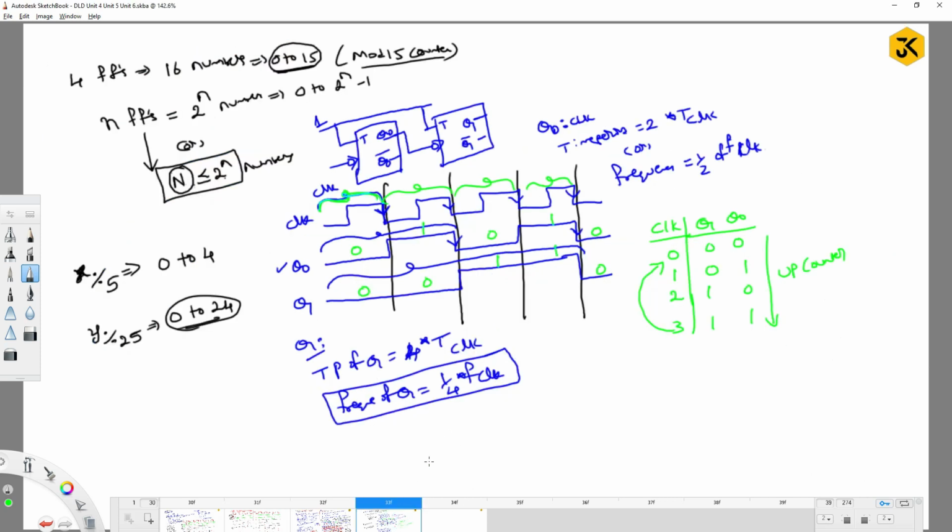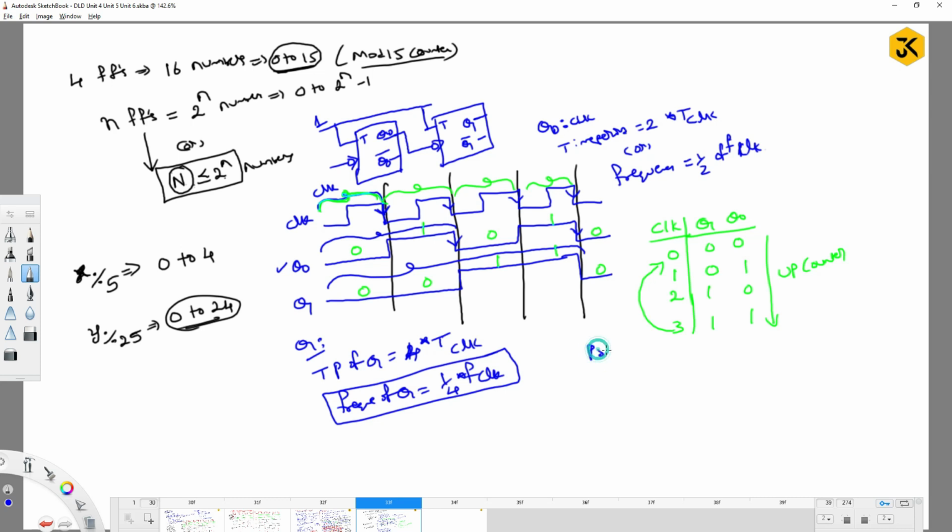Okay? Fine. See, if I say in some other order, try to observe what might be the values. Think about this one. What are the present states? Present states are Q0 and Q1, right?